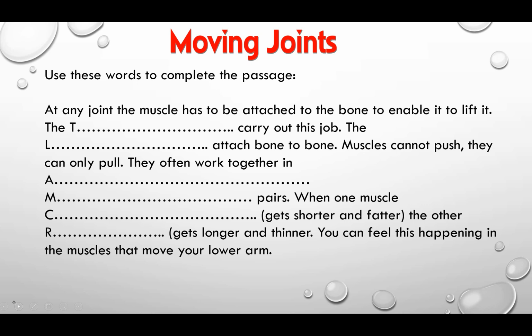Muscle pairs. When one muscle contracts, gets shorter and fatter, the other relaxes, gets longer and thinner. And you can feel this happening in the arm, in the muscles that move your lower arm. So hopefully you can fill in those missing words for me, please.